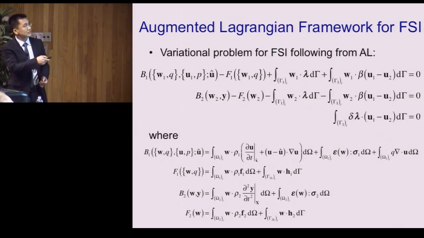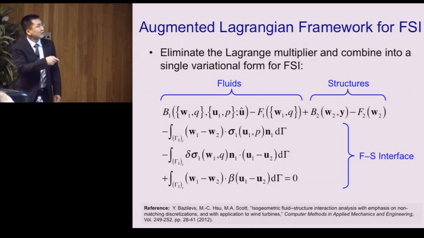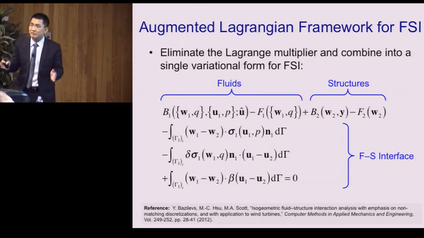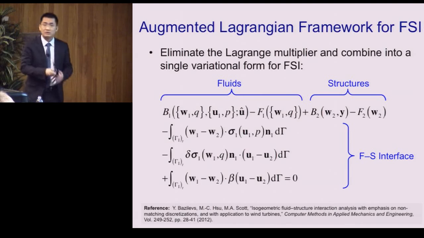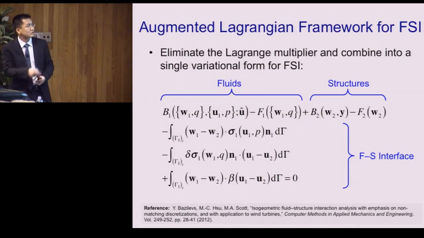If you combine these three equations together, what you will see is this. You have a fluid problem plus the structural problem, and you can use whatever formulation you like. In our case, you can use finite elements or isogeometric analysis, as long as you use a variational formulation.